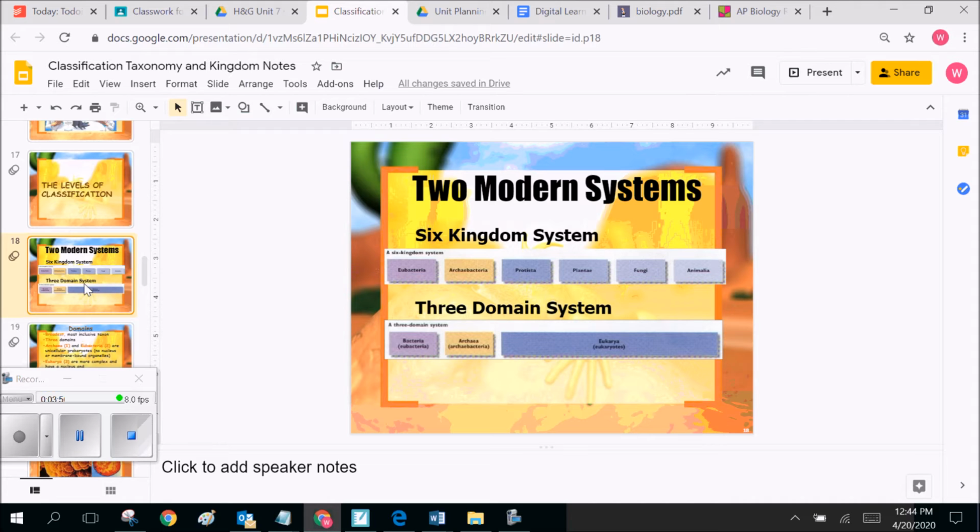Bacteria and archaea are the two prokaryotic domains. If you don't remember what a prokaryote is, that means that their cells do not have a nucleus. They have DNA, just no nucleus, and they don't have any membrane-bound organelles like the Golgi body or the endoplasmic reticulum or vesicles. They just have DNA and an open cytoplasm on the inside with some ribosomes floating around.